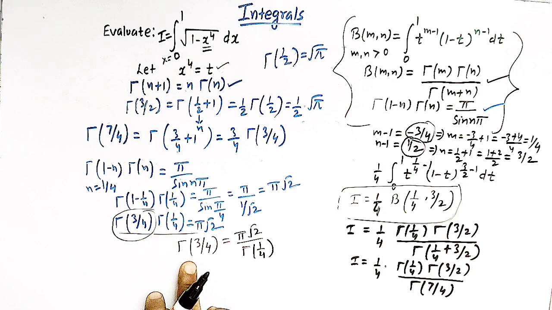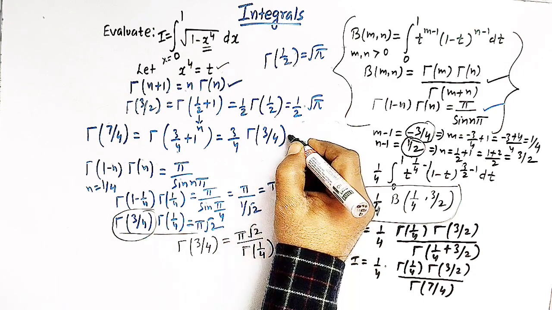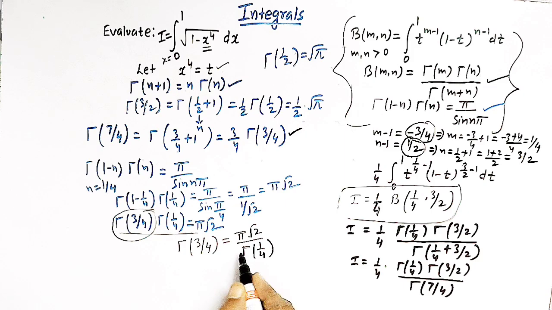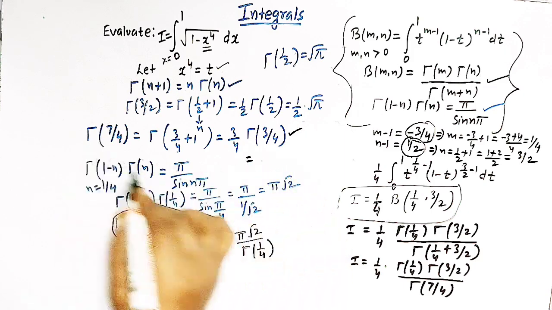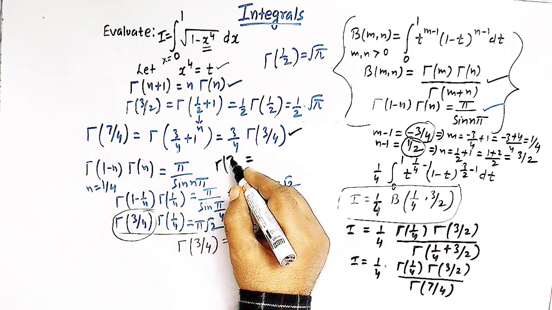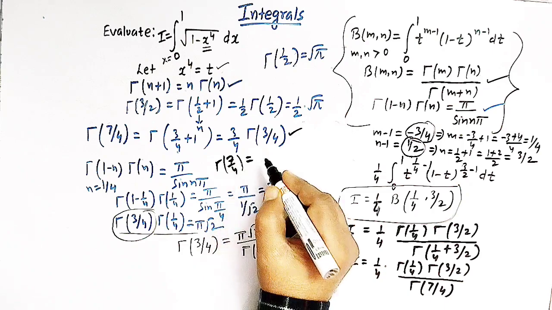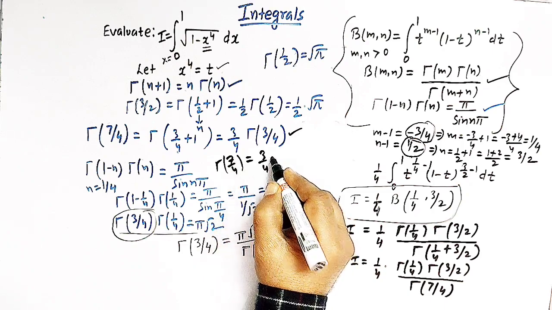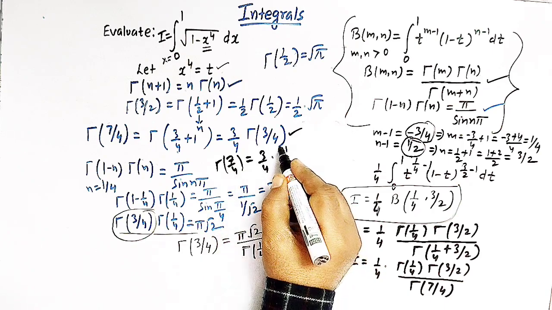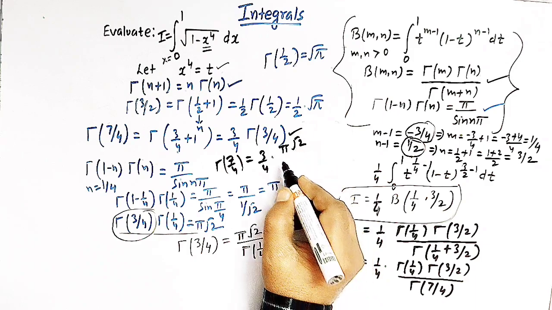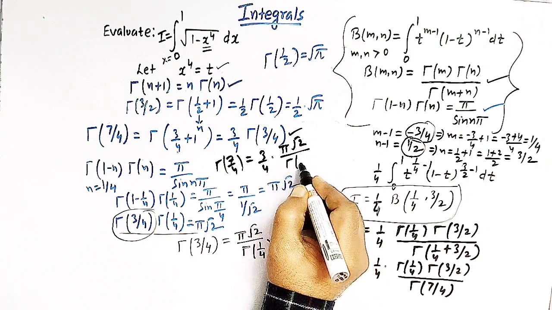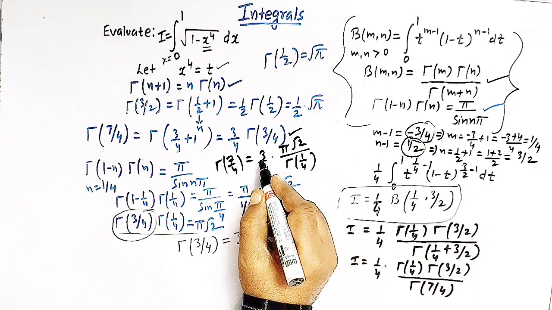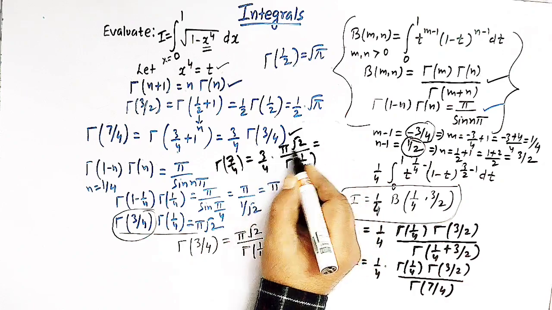So now substituting the value of gamma 3 by 4 in this relation, we have here the value of gamma 7 by 4 as 3 by 4 times pi root 2 divided by gamma 1 over 4. So now we can rearrange the terms.